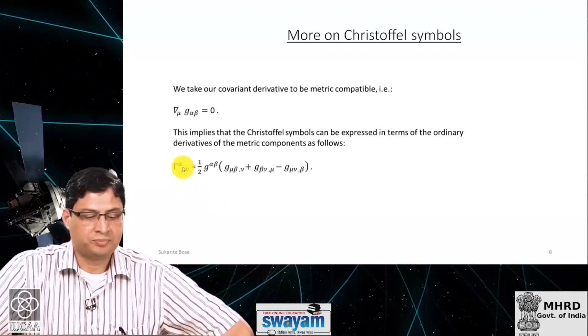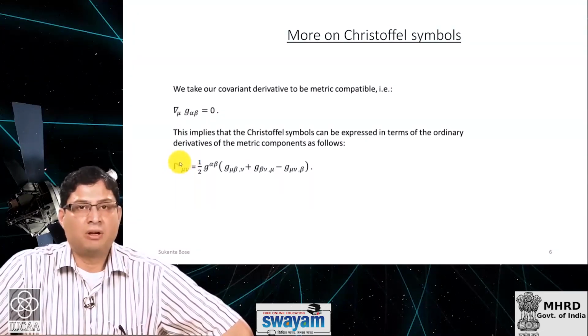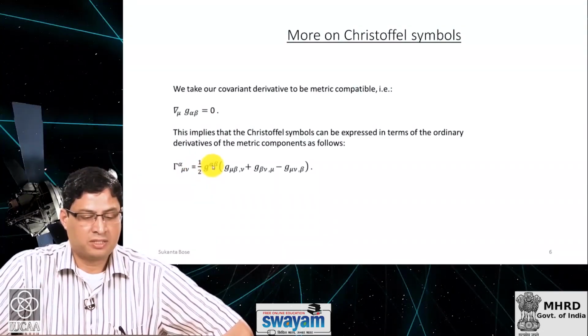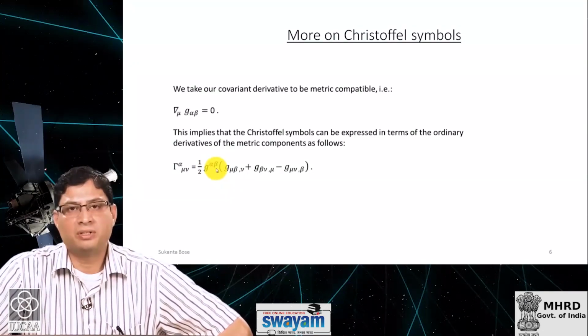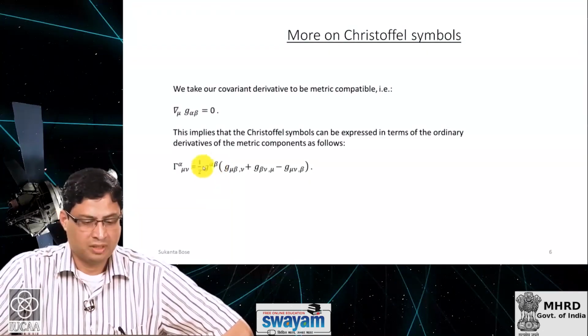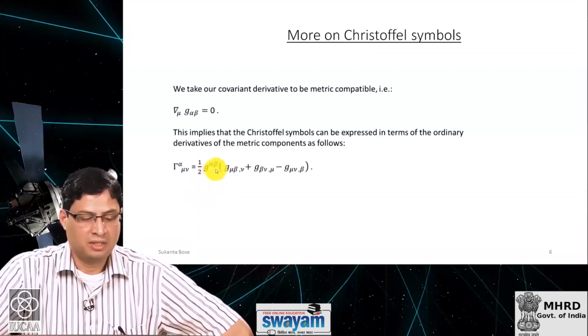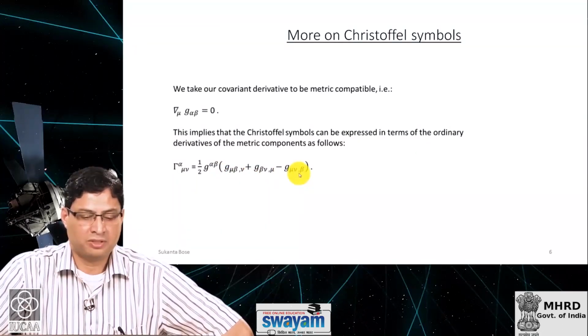The key is that the top index of the Christoffel symbol is taken as the top index of this g alpha beta entities, which are just the components of the inverse of a metric. There is a factor of half in the front. The second index on it, beta, is summed over with 3 terms appearing in the parenthesis, one of which is with a negative sign.